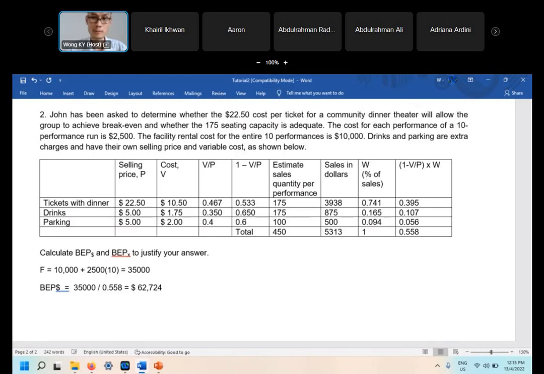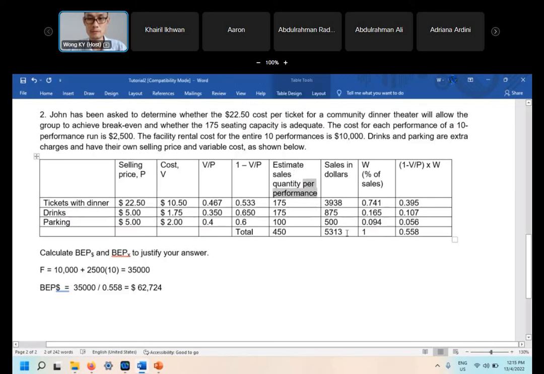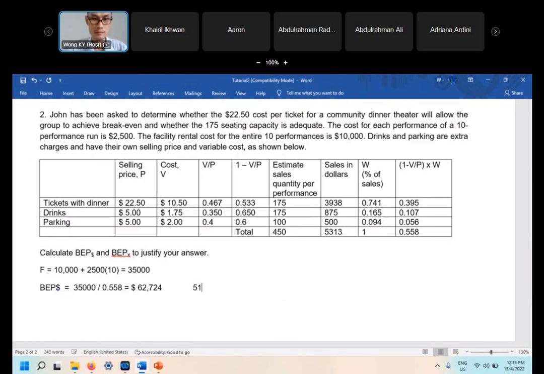That is for one performance, because it's given sales quantity per performance. So for one performance is 5313. So for 10 performances is 5313 times 10. So you should get 53130. So at the moment, the sales that you're getting back is only 53130.